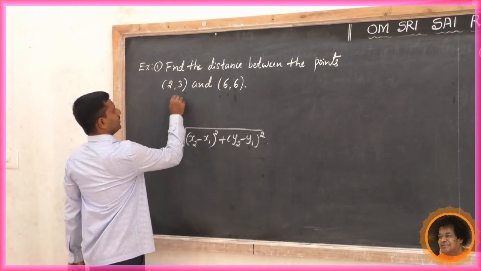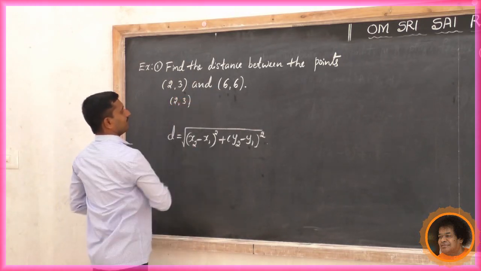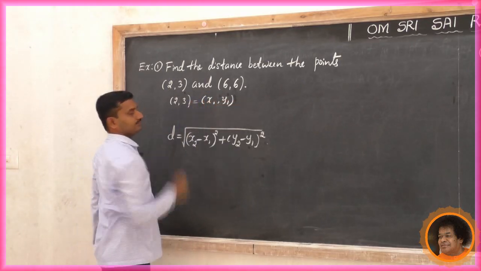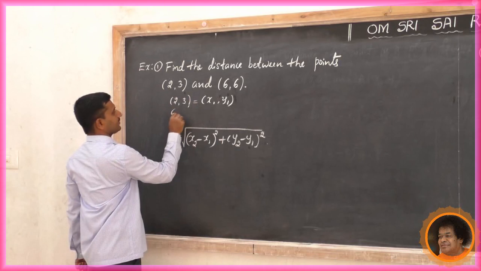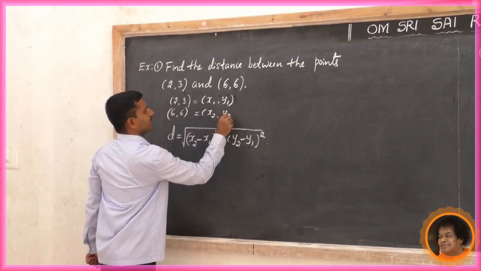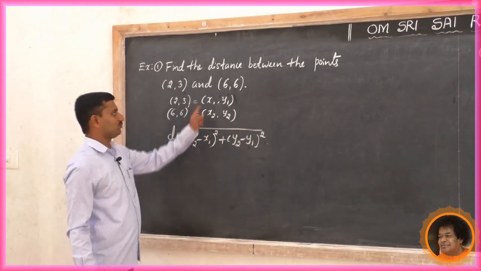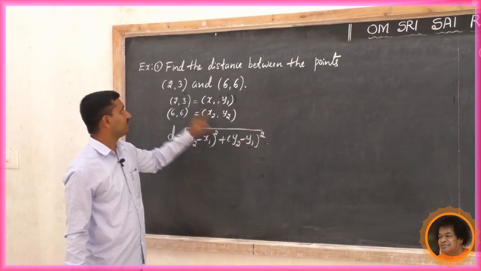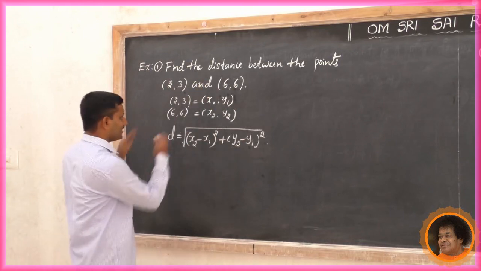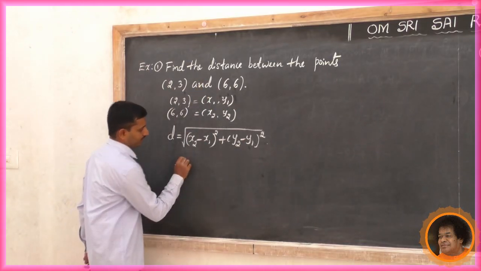First one (2, 3), that is x1, y1. And the second coordinate (6, 6), x2, y2. So these are the coordinates x1, y1 and x2, y2. Now using the distance formula, substitute the values.